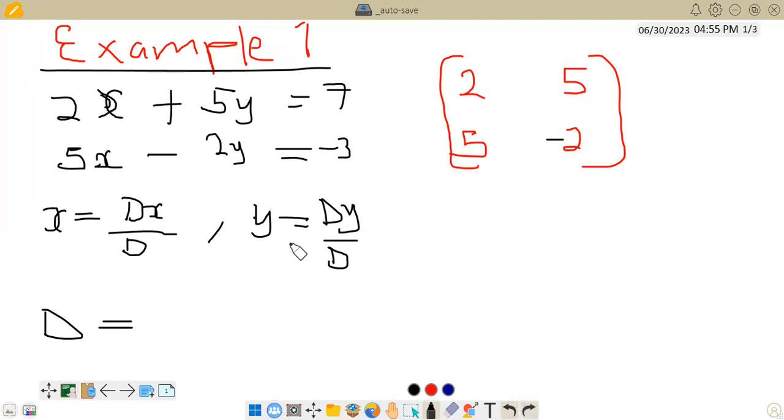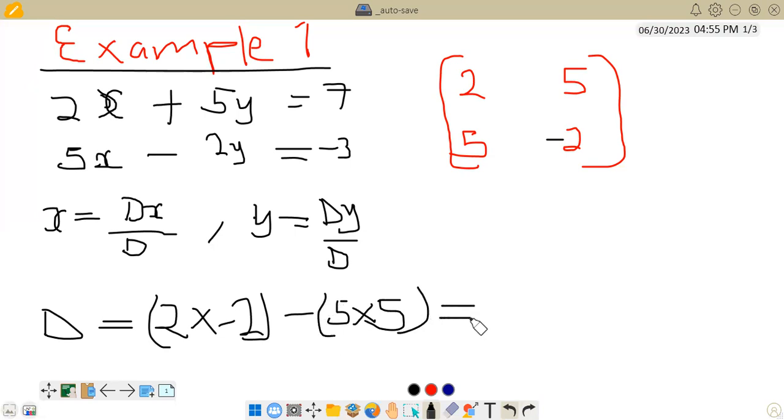So it means we're going to get our determinant. So it will be 2 by negative 2 minus 5 times 5.